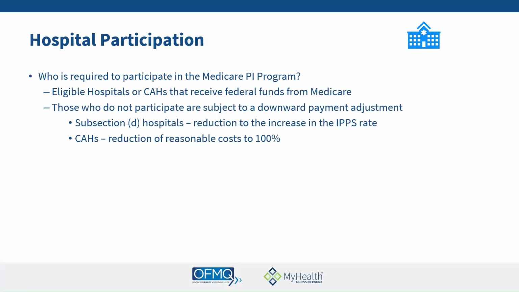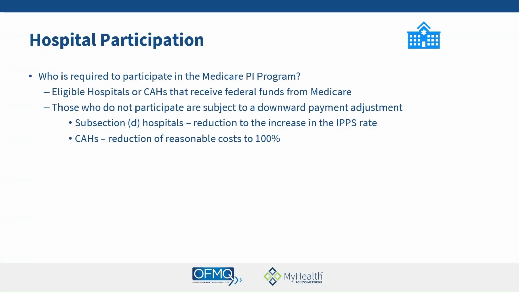If hospitals don't participate in the Promoting Interoperability program, they can get a reduction to the increase in the IPPS rate for the year if you're a subsection D hospital. And then critical access hospitals, if they don't participate in the program, can get their reduction of reasonable costs drop down to 100% flat rate instead of that increased rate that they currently get.